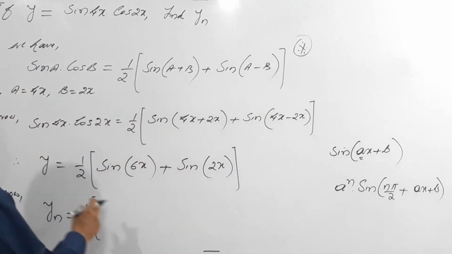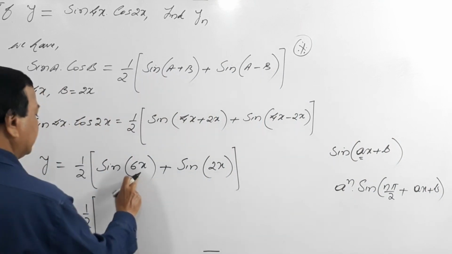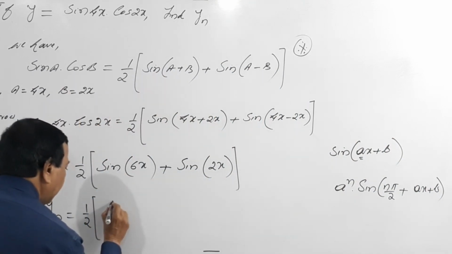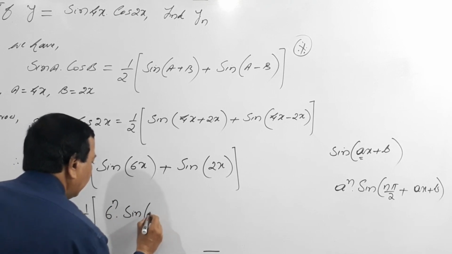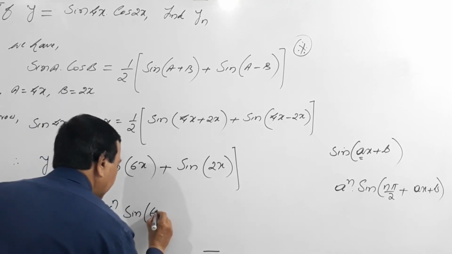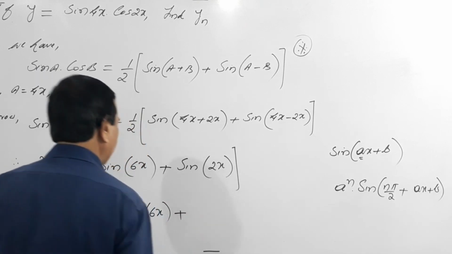So a is here 6, 6 to the power of n sin of 6x plus, sorry.